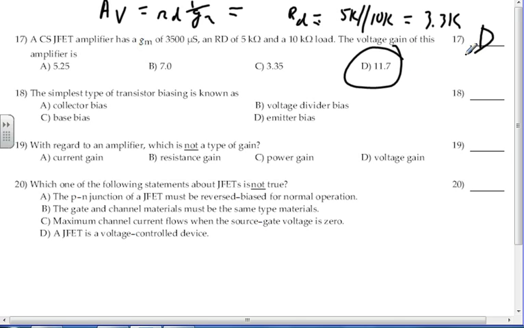The simplest type of transistor biasing. Collector base emitter voltage divider. Simplest type of transistor biasing is known as.